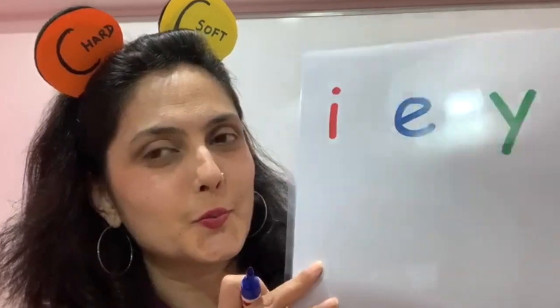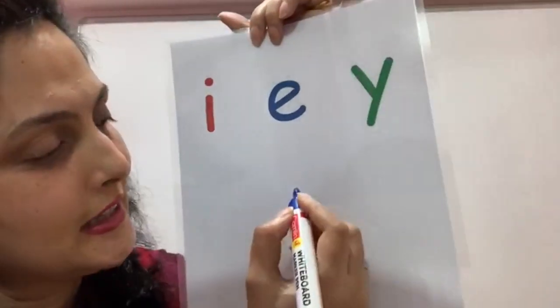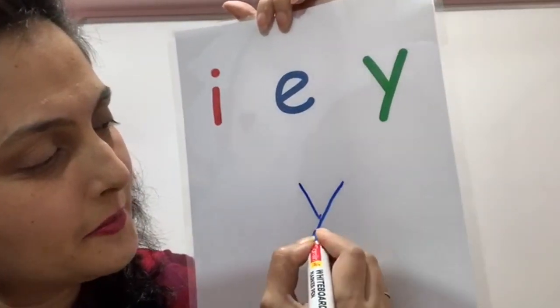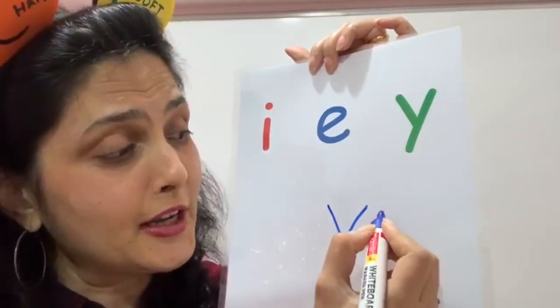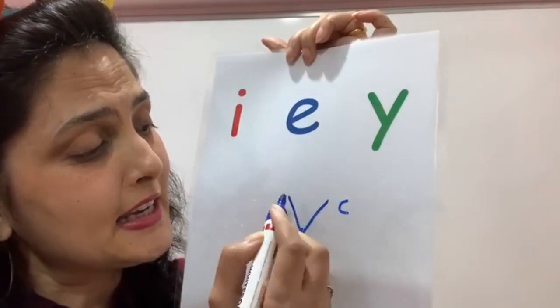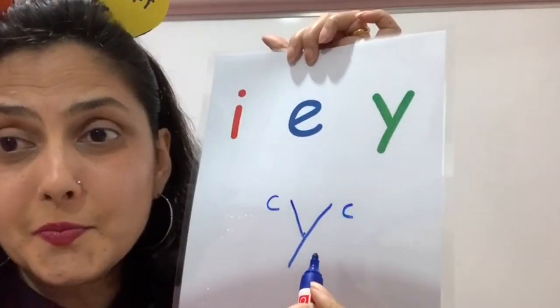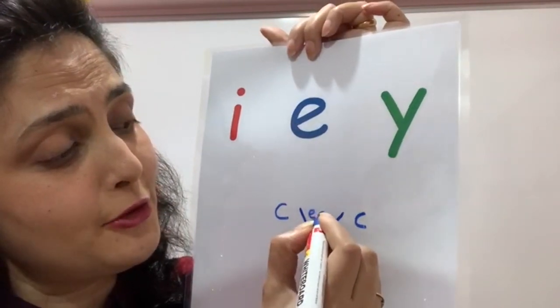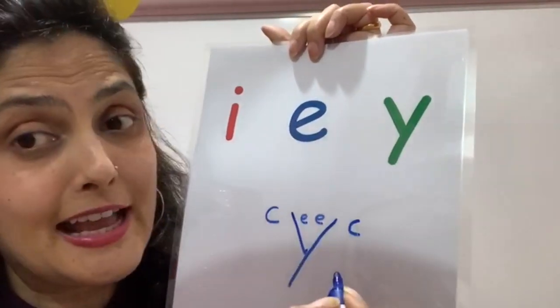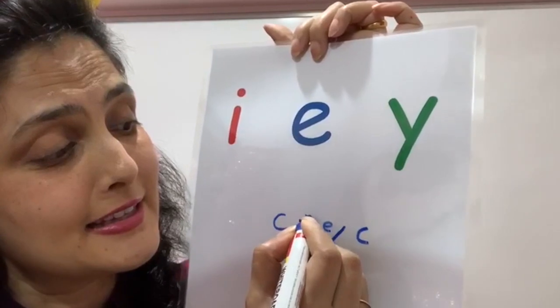I'll show you. Look, this is Y. Yes. And what sound are we talking about? C, C. Yes. She has beautiful eyes. Princess Cece has beautiful eyes.